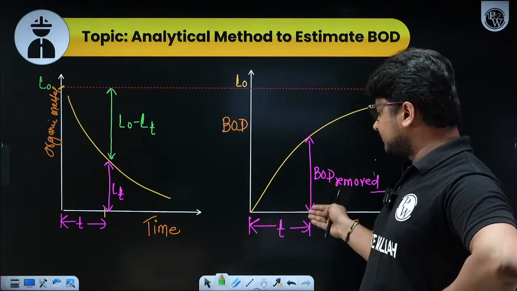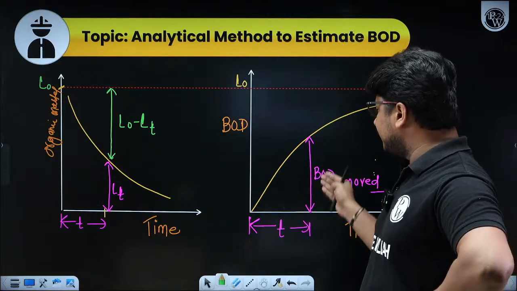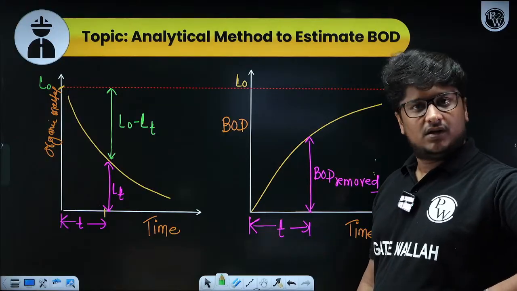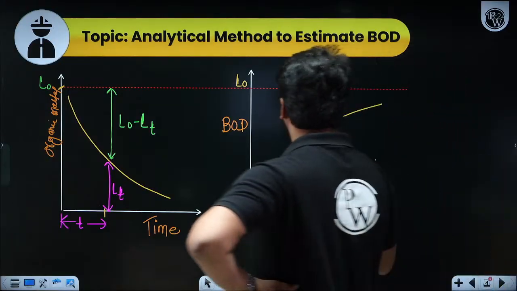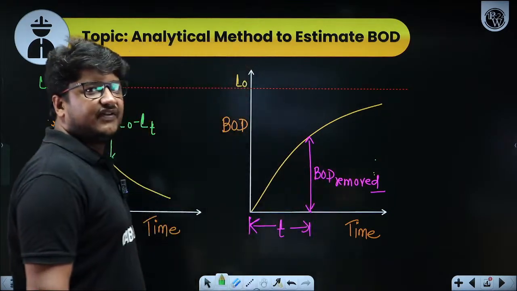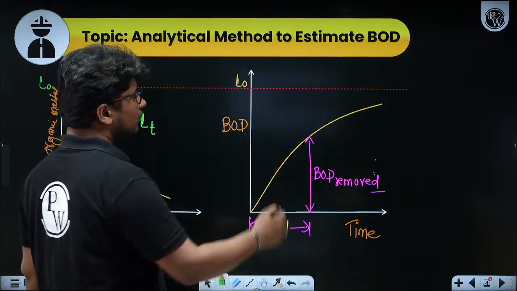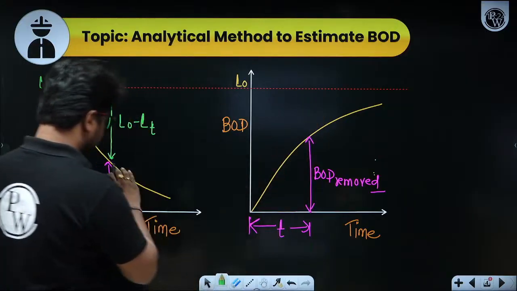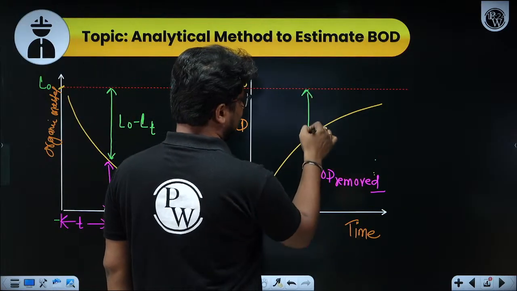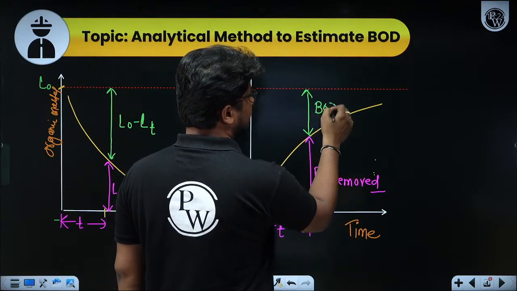That's why at the same time t, you are getting this much BOD which is removed from the system. Am I clear? Now, this is the maximum oxygen content that we are considering. Now, for the remaining organic matter, you will also have BOD remaining here.